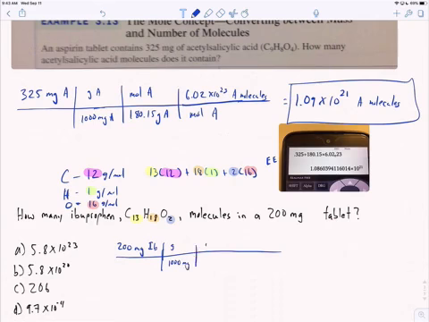Then you've got the mole ibuprofen to 206 grams ibuprofen, then 6.02 times 10 to the 23rd molecules to mole ibuprofen.